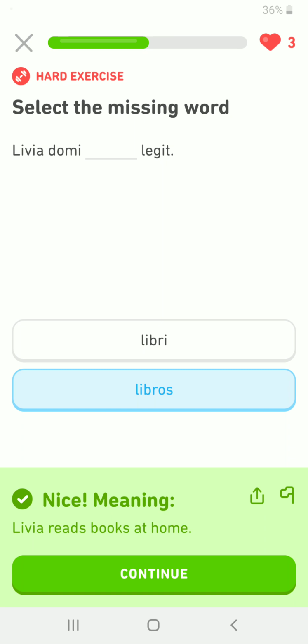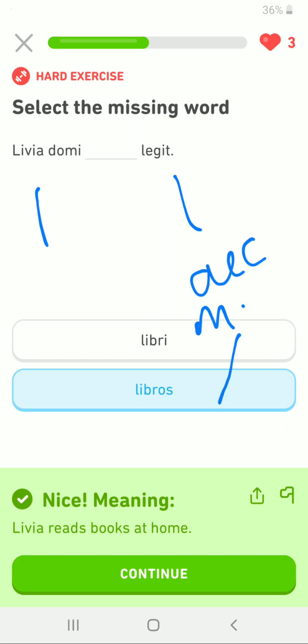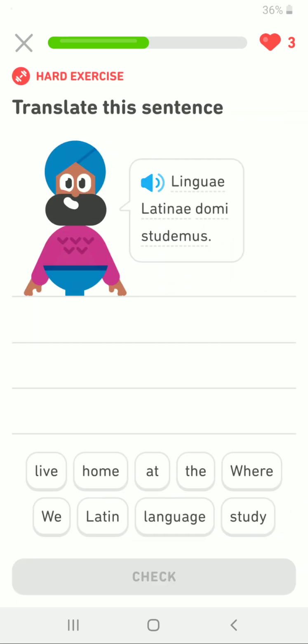So Livia legit not one book, but many books. Not librum, but libros. So this is accusative, masculine plural. That's how I see it. Okay, so that's what I understand.